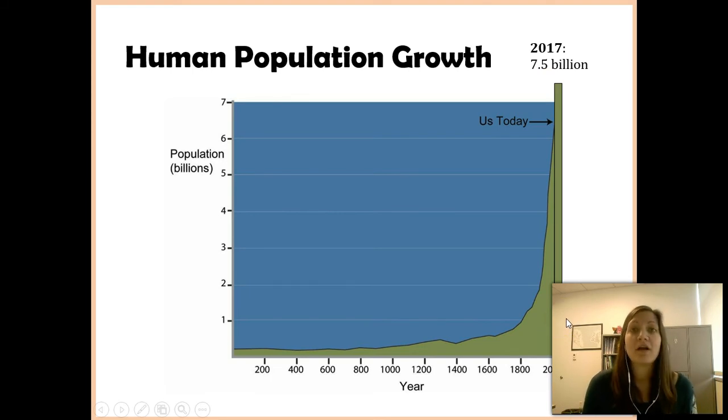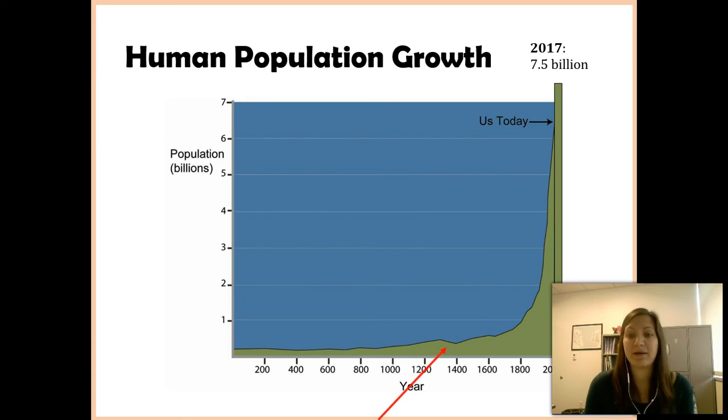And again, this has been a cause of concern just because of how quickly our population is growing, because the more people we have, the more resources we need, the more electricity we need, the more automobiles, the more electronics, the more stuff humans need or humans want.